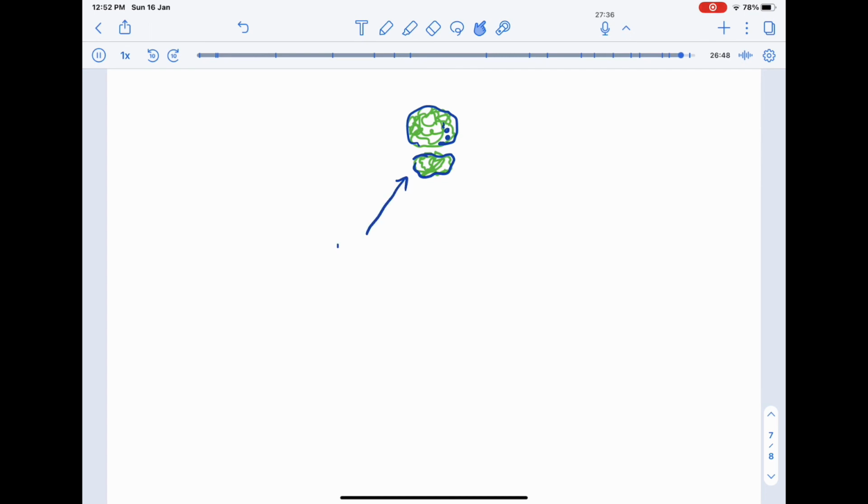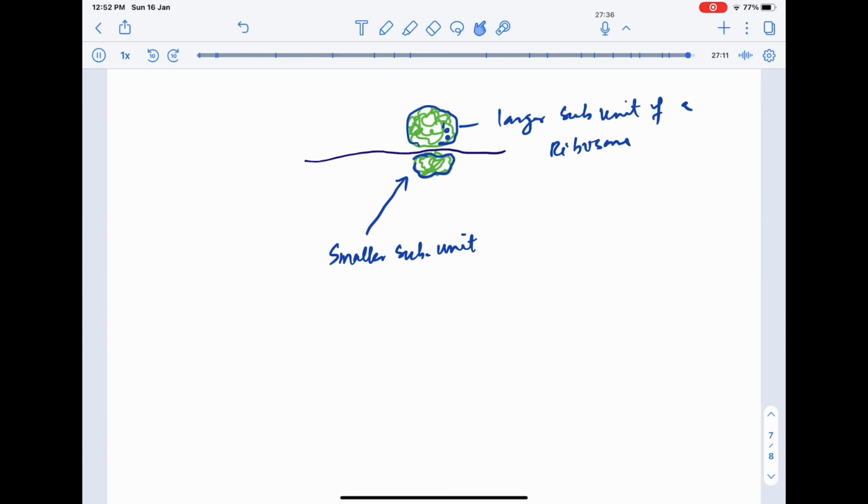This is the smaller subunit of a ribosome, and this is the larger subunit of a ribosome. These two units can be separated, and here it has a slot for binding of an mRNA into the ribosome.